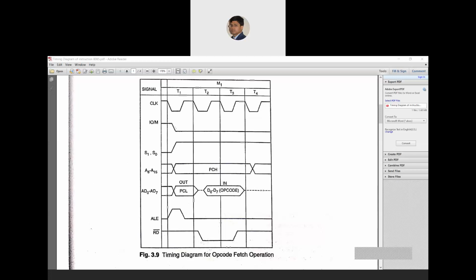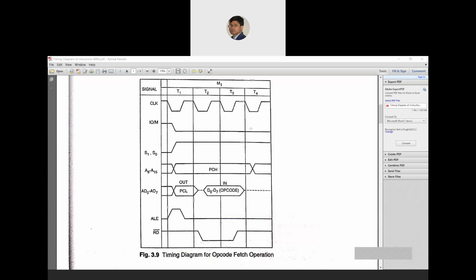So it goes to 0 and stays 0 throughout all 4 T states. You understand the importance of IO/M bar, because it selects memory or input output. This opcode phase is a memory related operation, that's why it is 0 for T1 to T4.